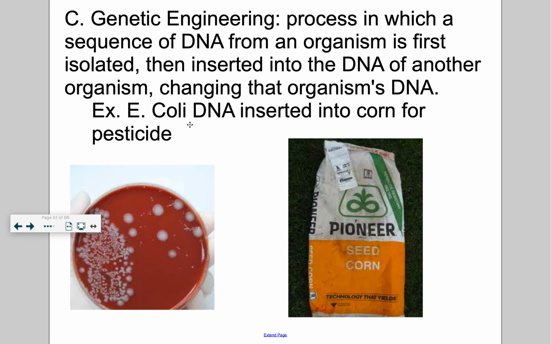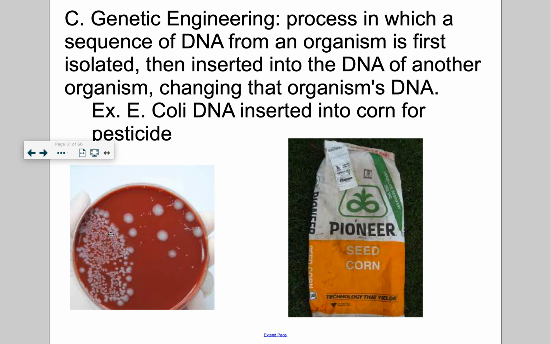We call this genetic engineering, the process in which a sequence of DNA from an organism is first isolated, and then it's inserted into another organism, and thus you change the organism's DNA. I don't know if you know this, but we actually use the DNA from E. coli bacteria for a lot of genetically modified crops because they have traits that we can utilize.